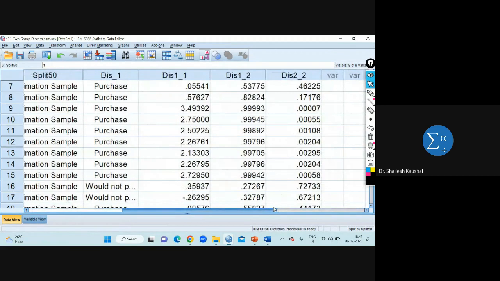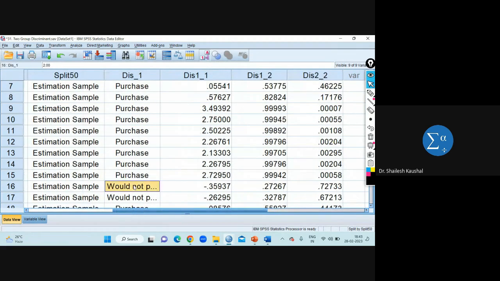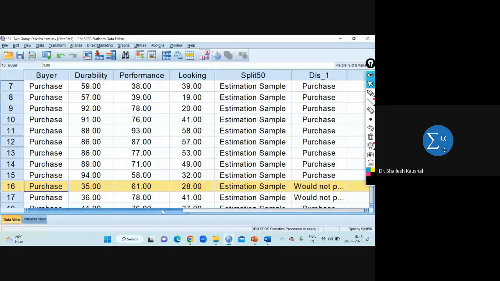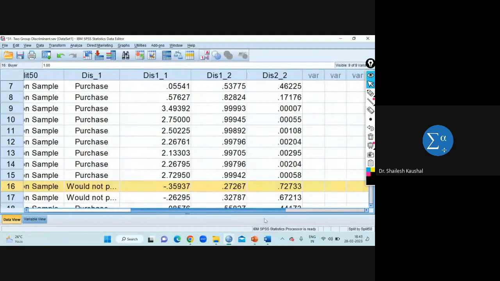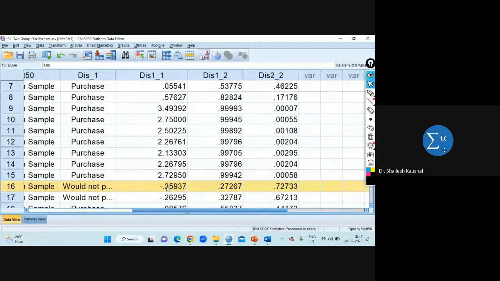Now there are groups. So here you can see respondent number 16. Actually he would buy the product, but my model is saying he will not buy the product. So it's a misclassification. 16 and 17, because the value is negative, less than 0.